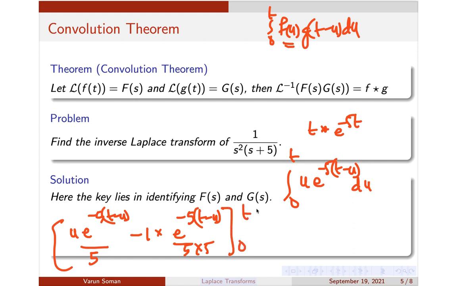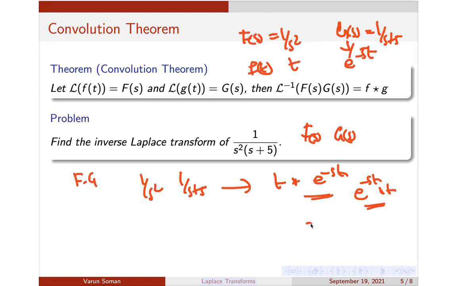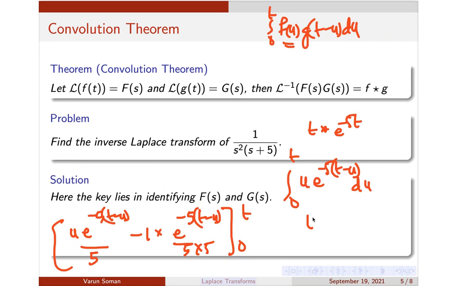Okay, now apply the limits here. When you substitute t here, you will be getting t e raised to 0, so t by 5. And the second one, when you substitute t again, minus e raised to 0, you will be getting simply minus 1 by 25.